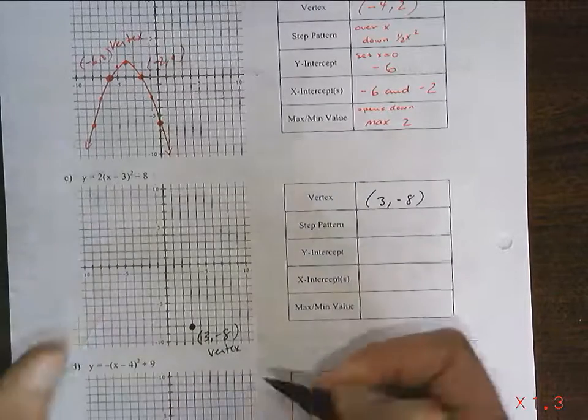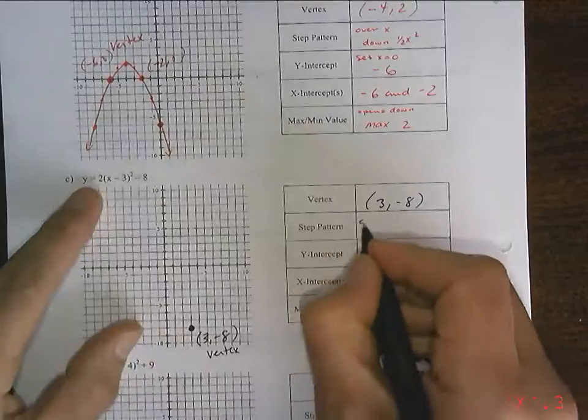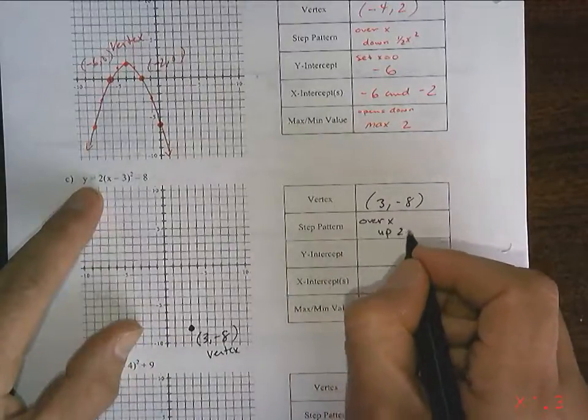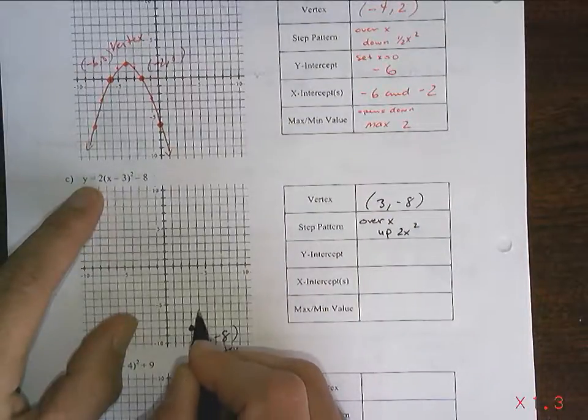Step pattern. That's going to be affected by the 2. So it's going to be over x, up 2x squared. So over 1, up 1 times 2, so over 1, up 2.